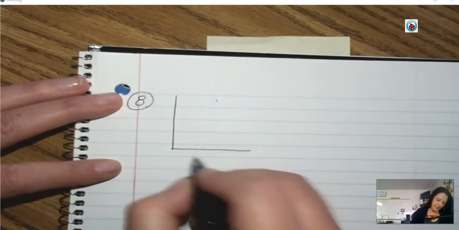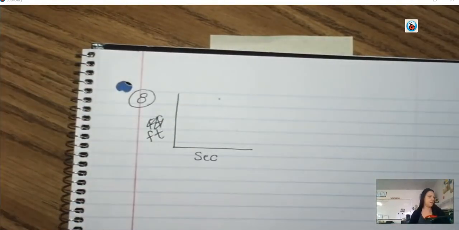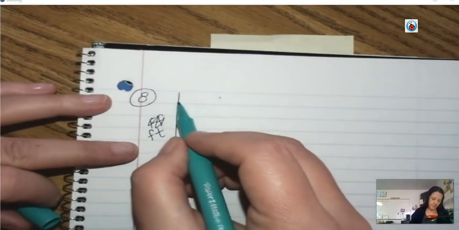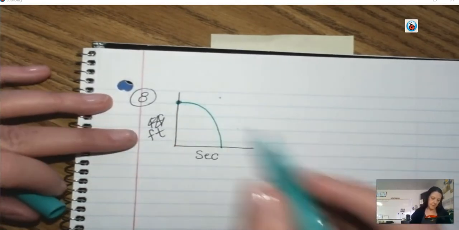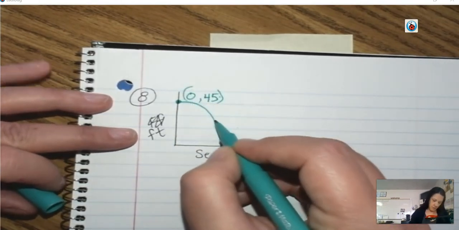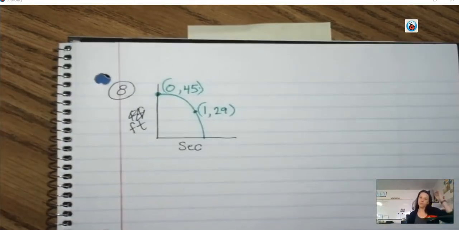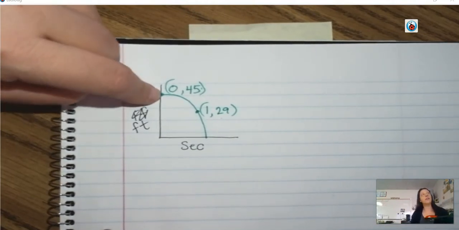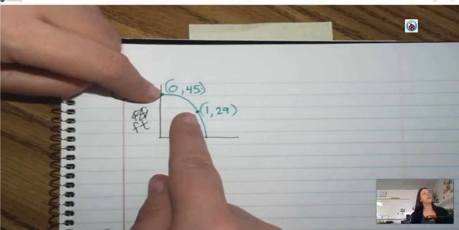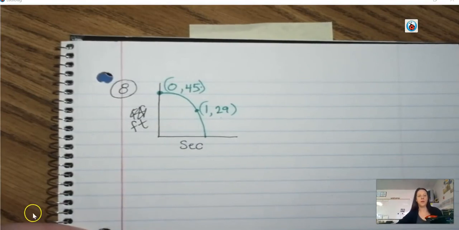Again, it's time in seconds and height in feet. 0, 45 and 1, 29. So at 0 seconds, that nail is 45 feet in the air. After 1 second, the nail is 29 feet in the air. Go ahead and write the equation for this.